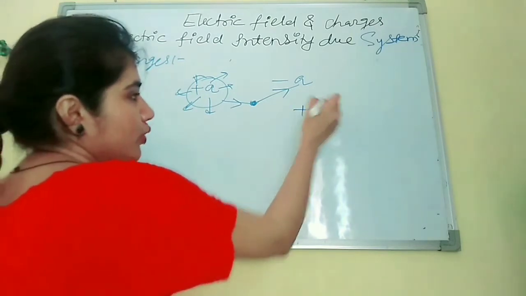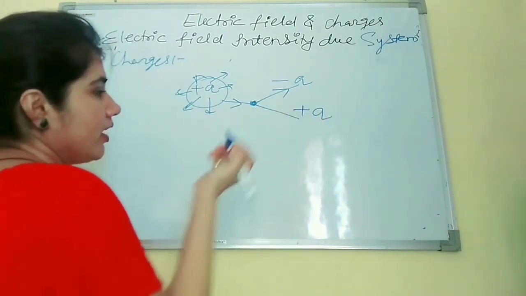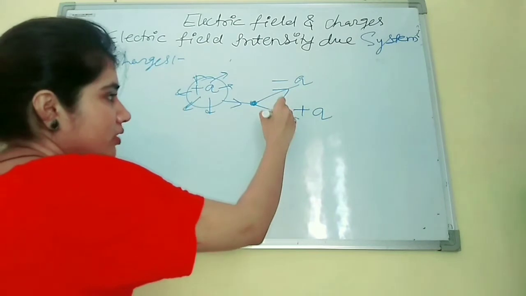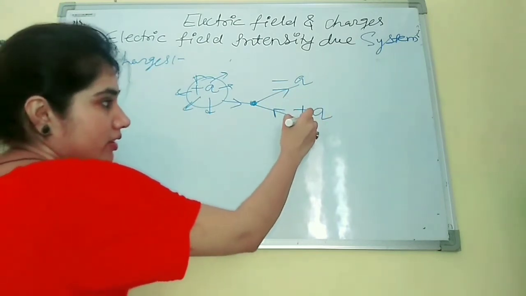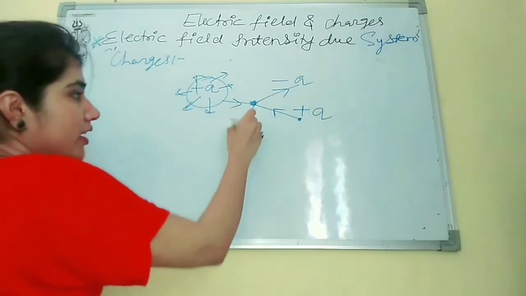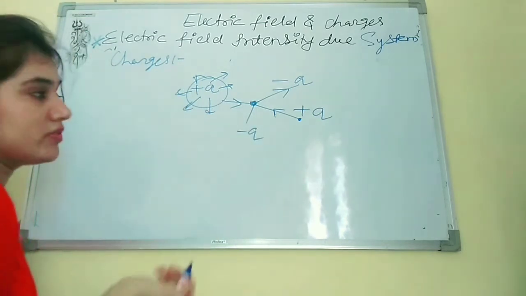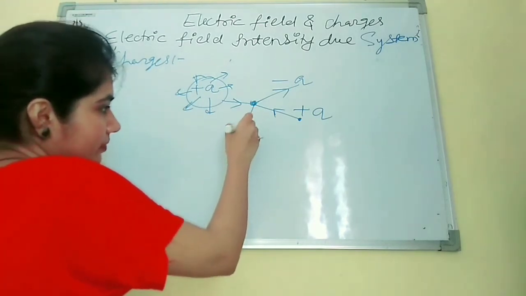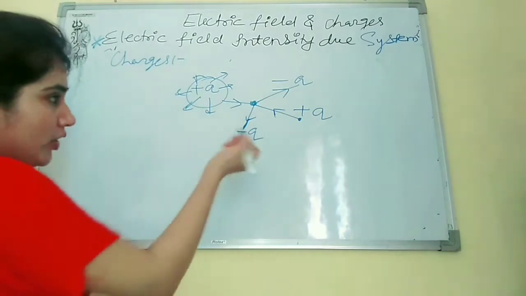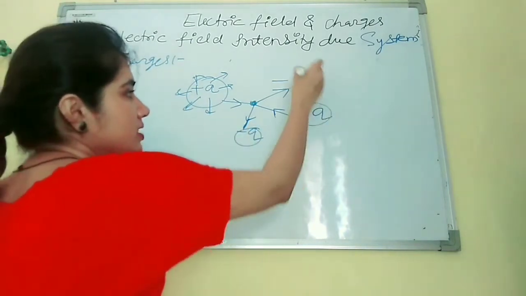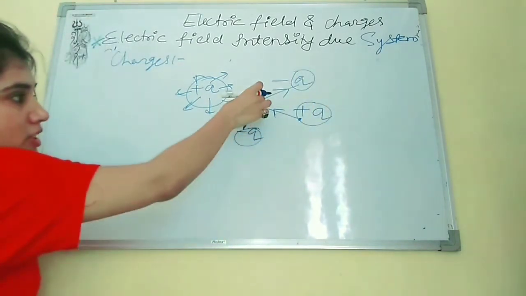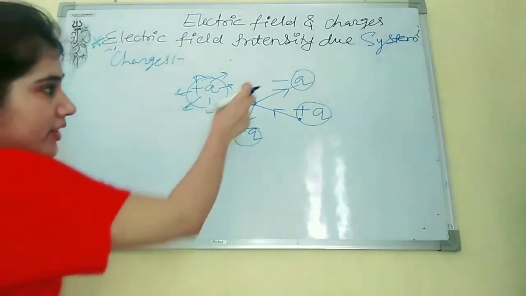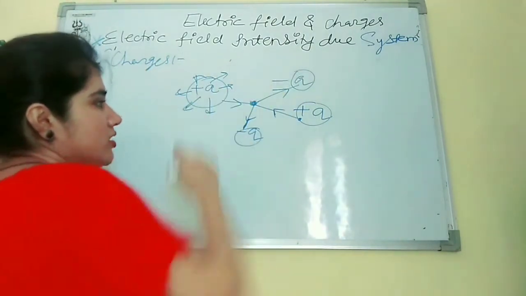Suppose one more plus Q, so again the electric field direction will be away from the charge. Again minus Q, then the direction will be towards the charge. These are the charges placed in some region, and at this point we are finding the electric field intensity due to these charges.